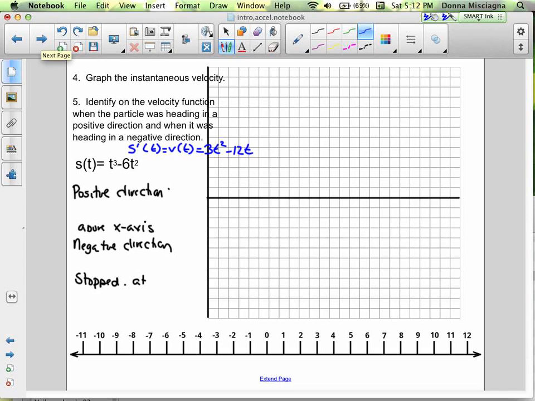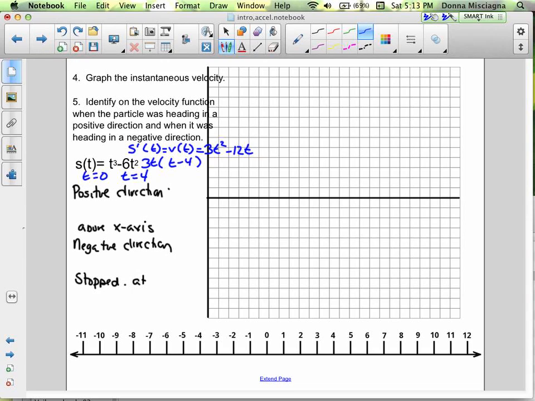We can factor out a 3t, and we'd be left with t minus 4. So this one is nice and easy to graph. We have x-intercepts at t equals 0 and t equals 4. And then we have our vertex at 2, because it's got to be halfway between. If you add 0 plus 4 and divide by 2, you get 2.